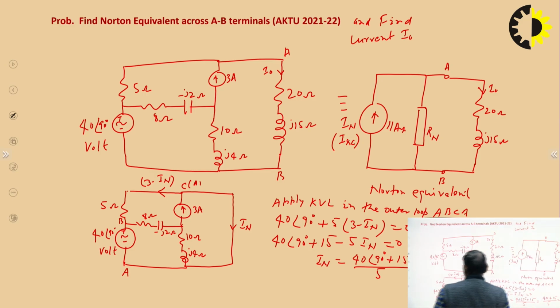Now, the next job is to find the Rn. For Rn, because the network contains only independent sources, energy sources, we replace all the energy sources by their internal impedance.